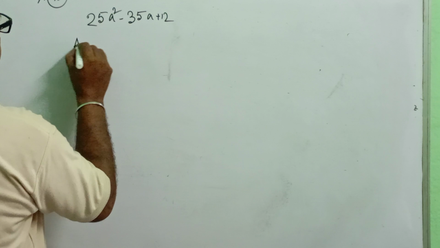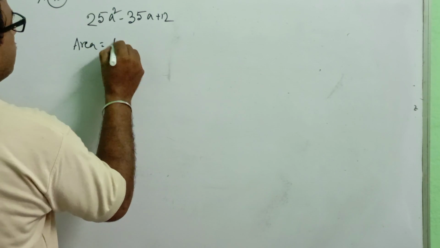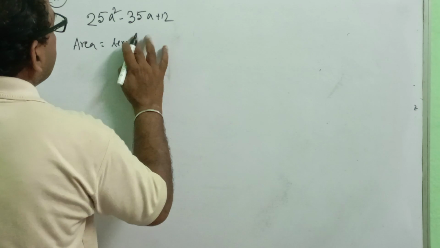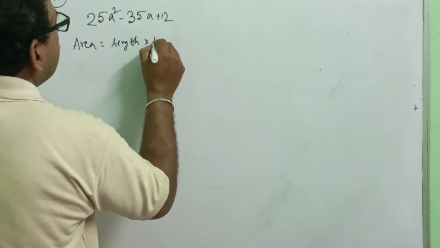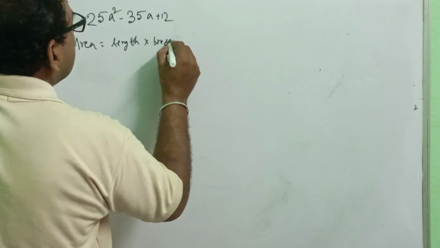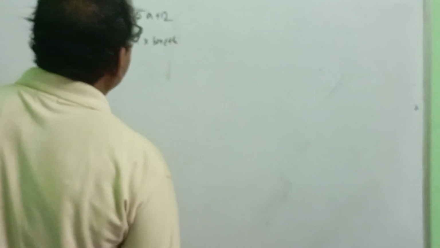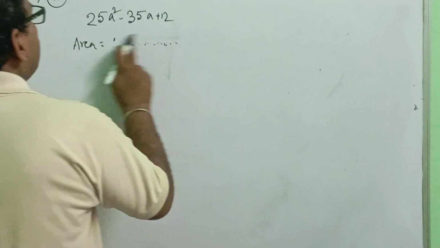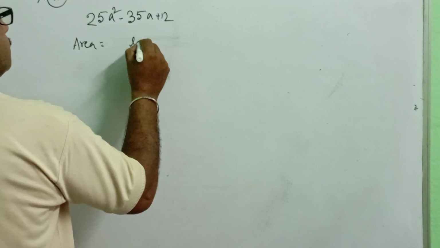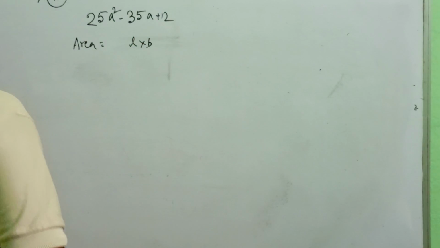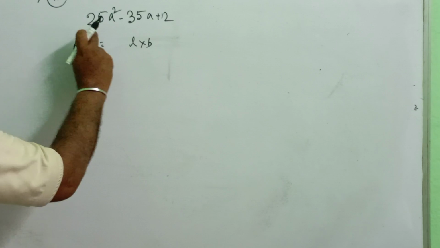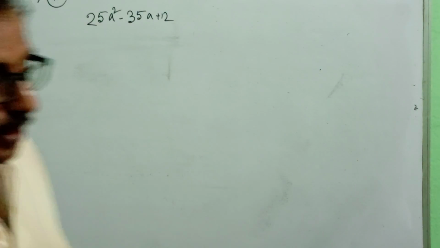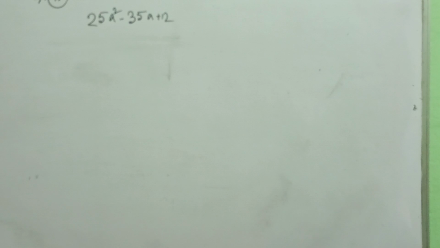We know that area means length into breadth. Length into breadth. Now this equation is given, so this is a quadratic polynomial.